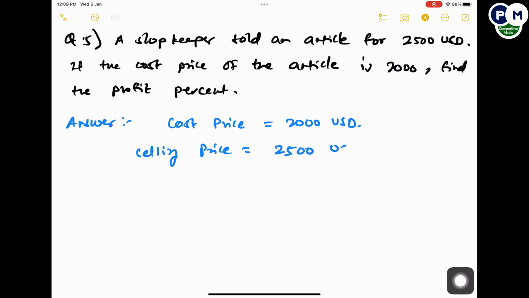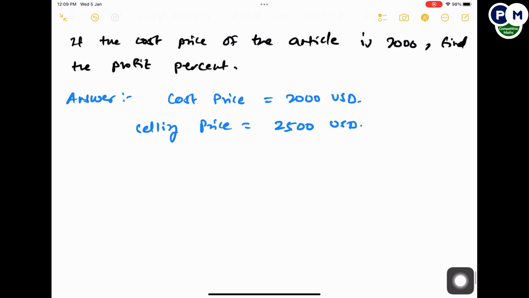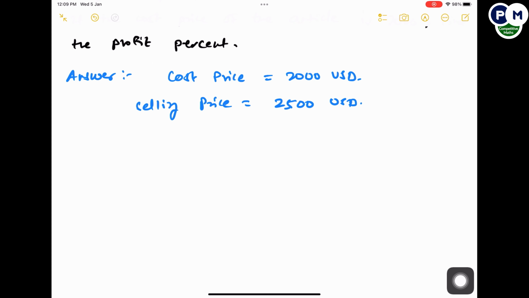Cost price equals $2,000. Selling price equals $2,500.